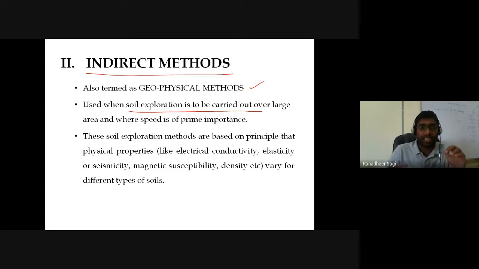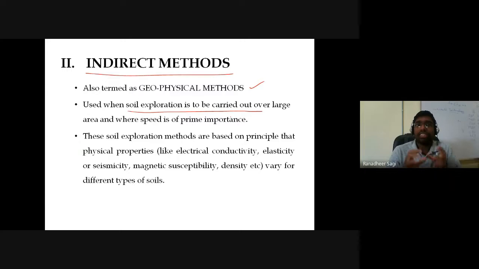As we are not making any boreholes, collecting soil samples and taking them to the lab for subsequent determination of the various properties, the advantage of these indirect methods is that they can be adopted over relatively very large areas in which you are required to understand the condition of the ground.